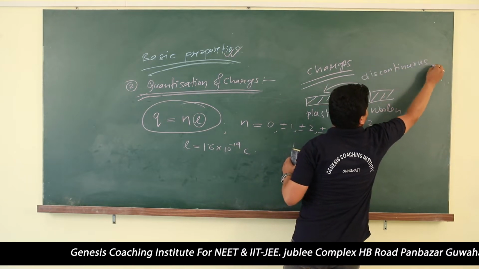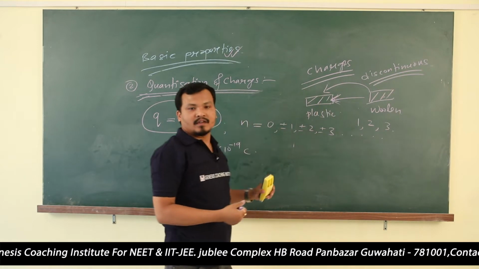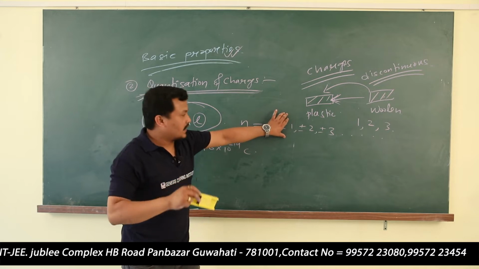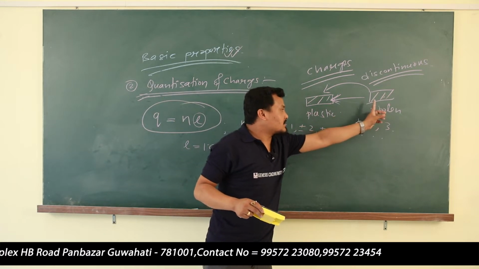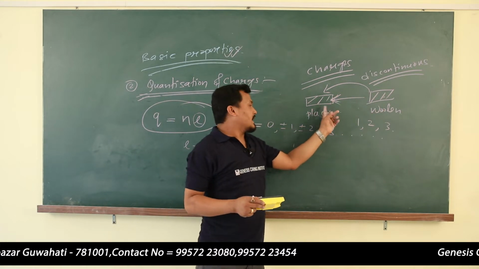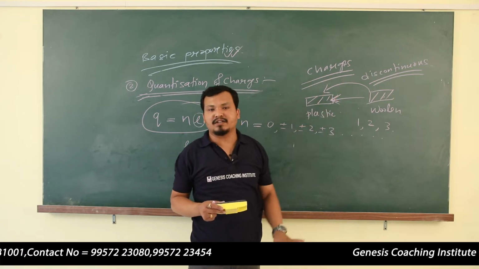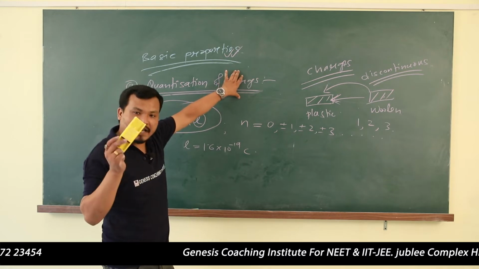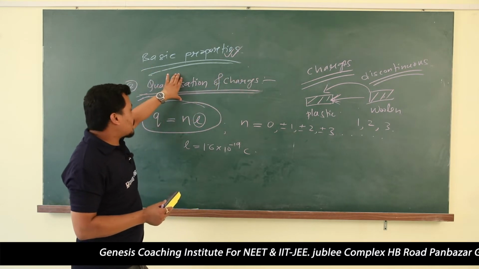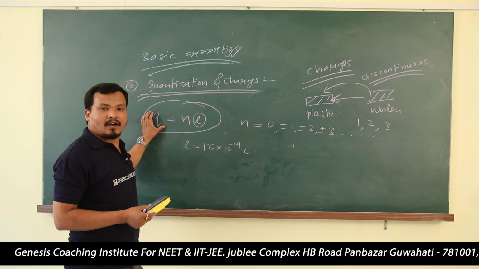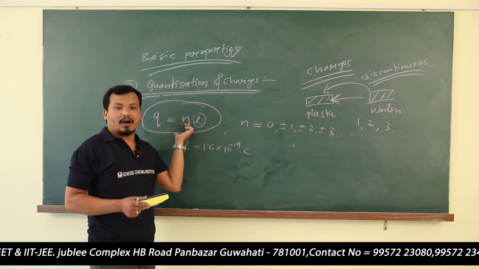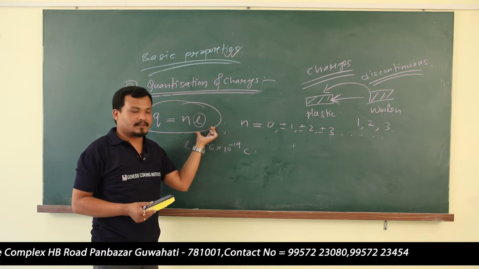That means first one charge, secondly, a second charge flows from woolen to plastic, then a third one, and so on. Okay, so this is about the quantization of charge. So the main point is, according to this quantization of charge, the total charge is always equal to an integral multiple of the basic quantum of charge.